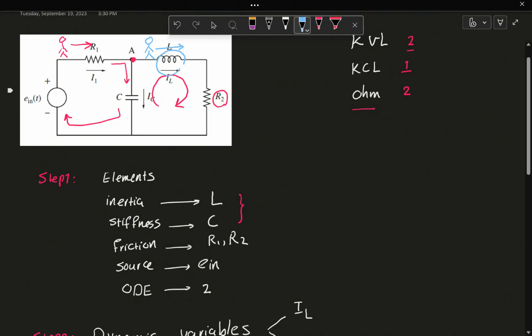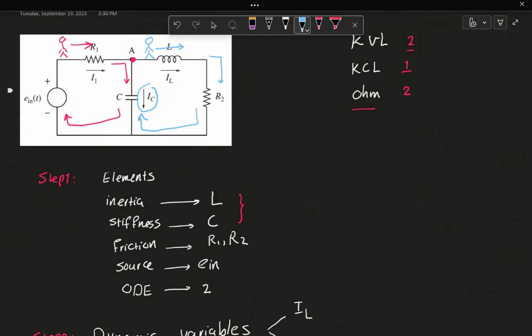Across the inductor, you see that the voltage drops. Why? Because of the first convention: I am moving in the same direction of the current IL. And across R2 also, the voltage drops because R2 and L are sharing the same current IL. When I get to the capacitor, since I'm moving against the direction of the current, the voltage rises.